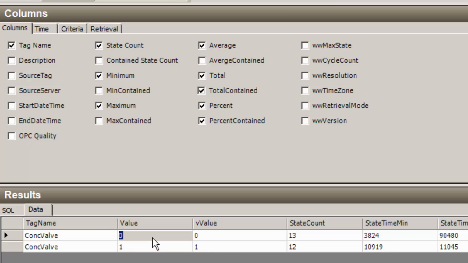For 0 or off, I see that it had cycled 13 times. It has also been roughly 4 seconds as the minimum amount of time that it was in an off state. The max was closer to 90 seconds that it was in an off state.